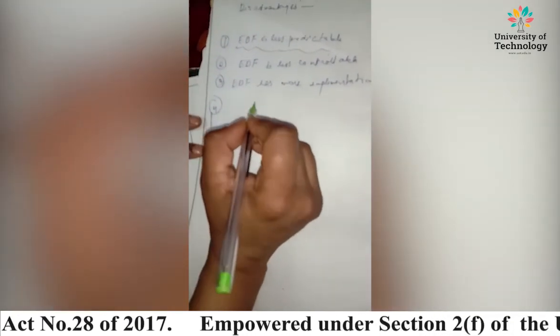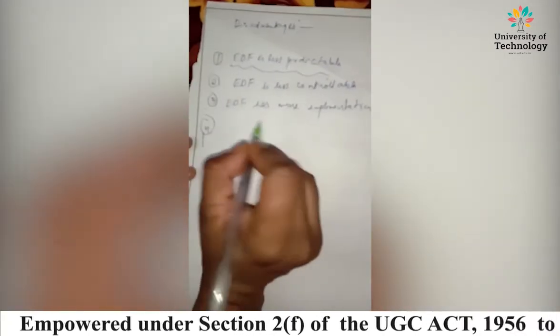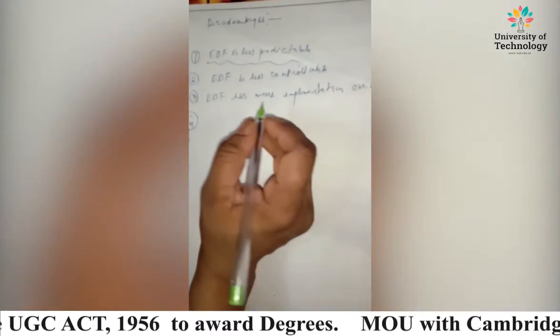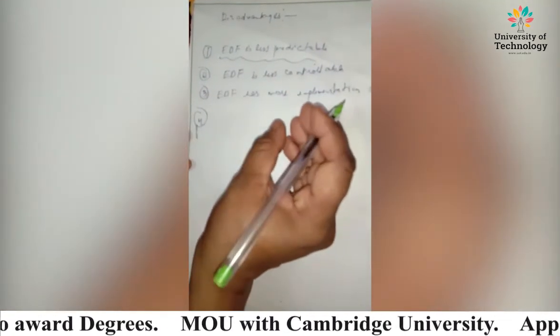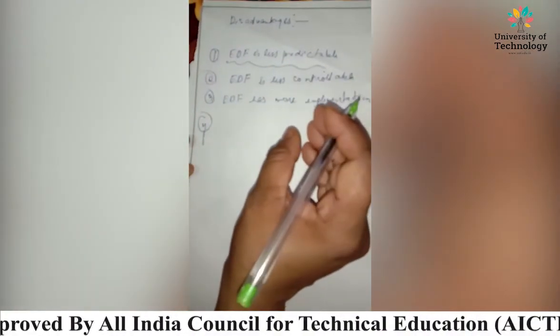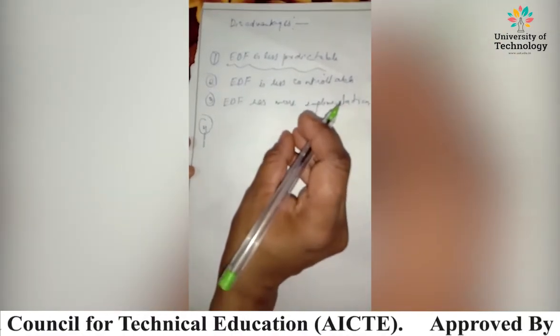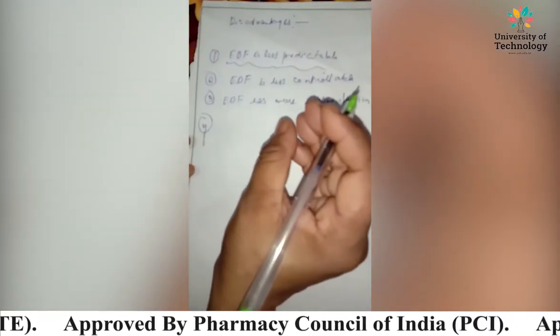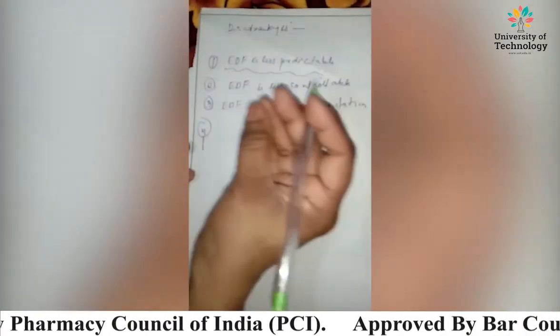The computing response time in EDF is very different because it depends on the parameters of the task. Since EDF depends upon the parameters of the task, that's why the computing response time of EDF is very different. So this is also a disadvantage.